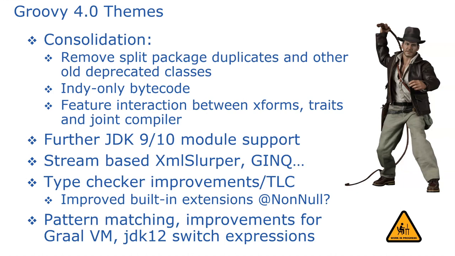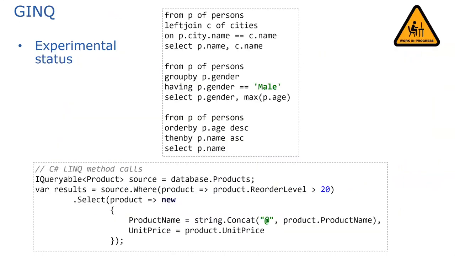Briefly, I'll show you what the Groovy integrated query is all about. This is experimental. We're hoping this will be in 4, but we've got a lot of work to do, and we want a lot of feedback before we progress things. You'll be able to have expressions similar to the language integrated query that's in C#, as you can see up the top there. It's not some new language that's invented that we have to do all the right coding for.